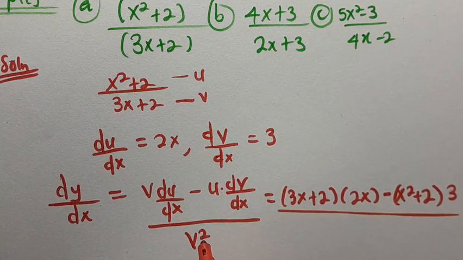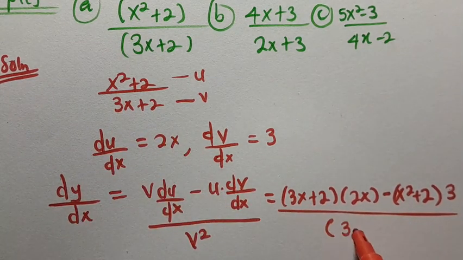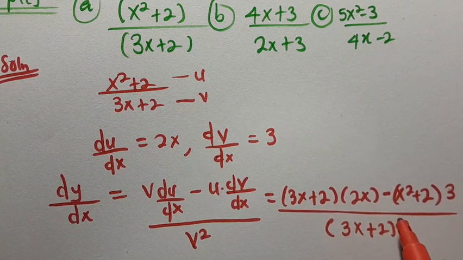Then all divided by phi squared, which will now be 3x plus 2 all squared.